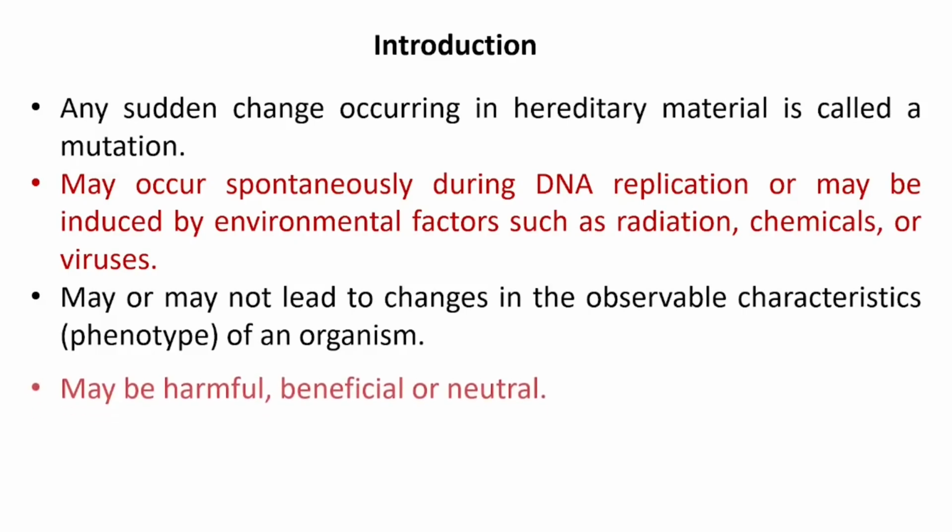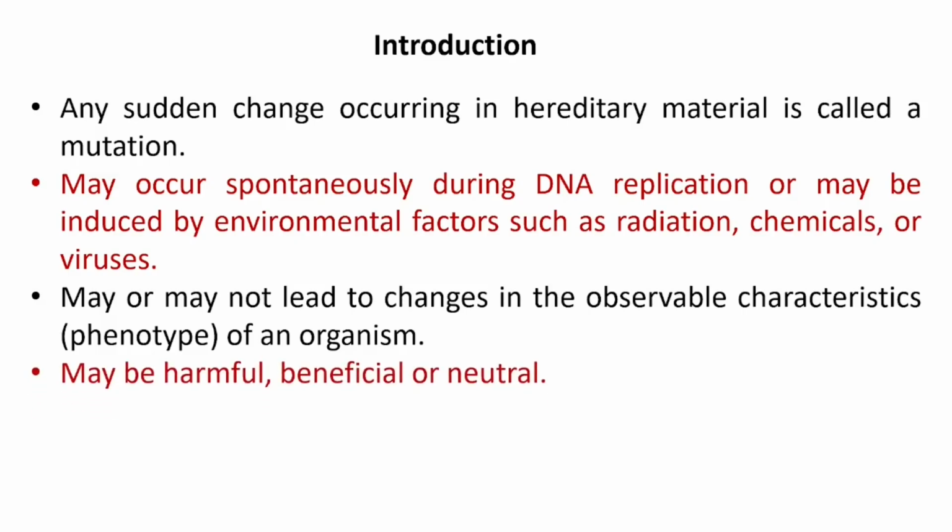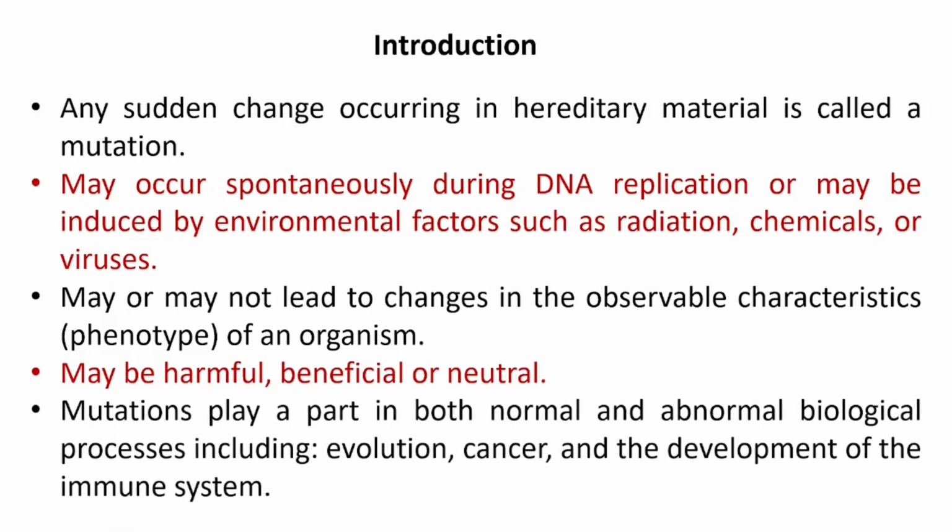They may be harmful, beneficial, or neutral. Mutations play a part in both normal and abnormal biological processes, including evolution, cancer, and the development of the immune system. So let us begin with talking about the types of gene mutations.